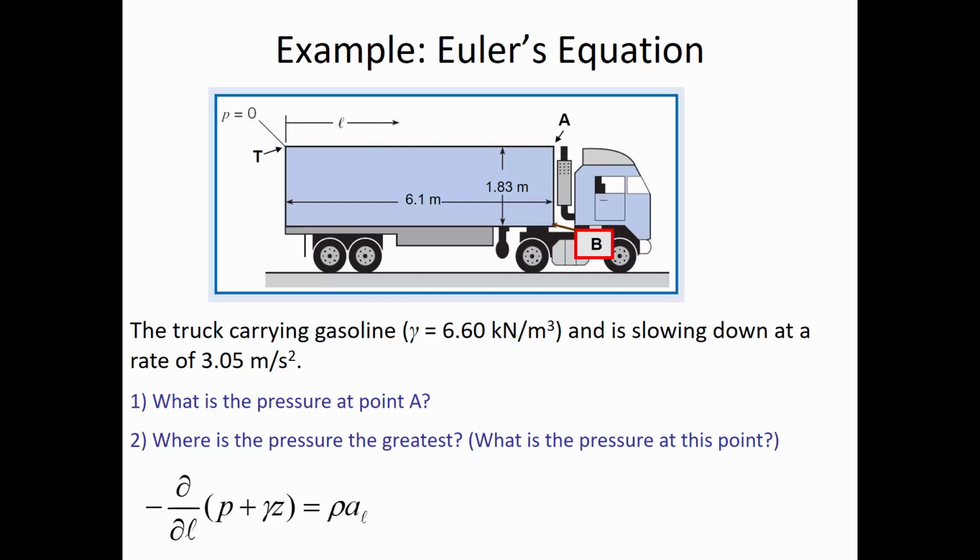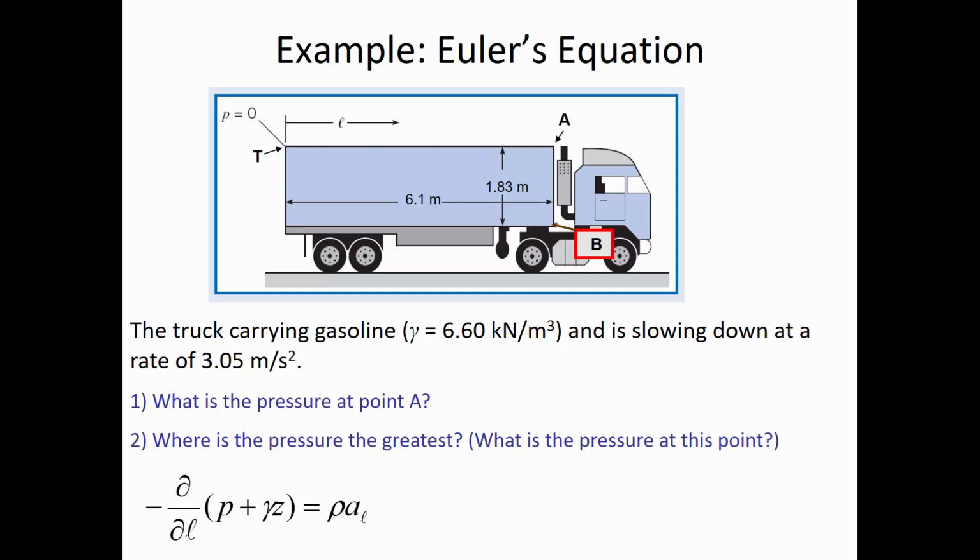Okay. So the acceleration is negative 3.05 meters per second squared. You have to have the negative sign when you substitute it into Euler's equation to go along with our convention that we have location 1 and location 2.